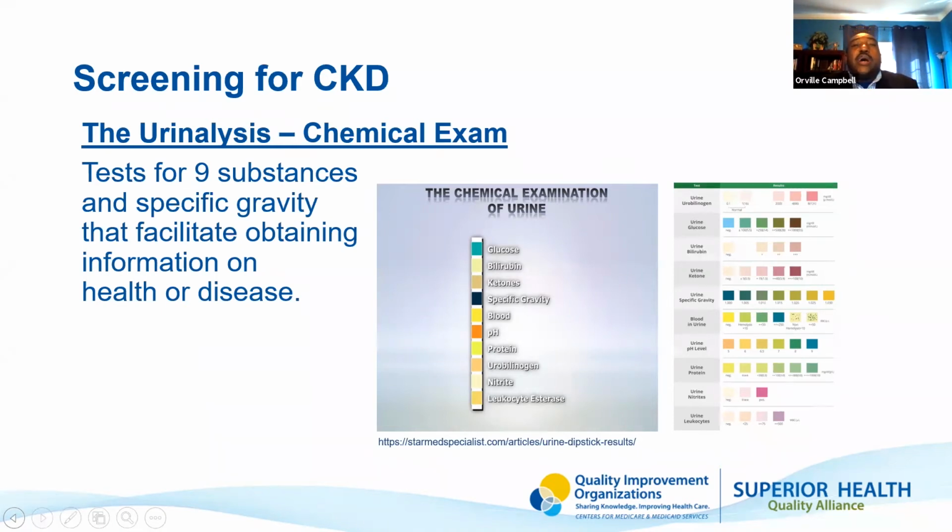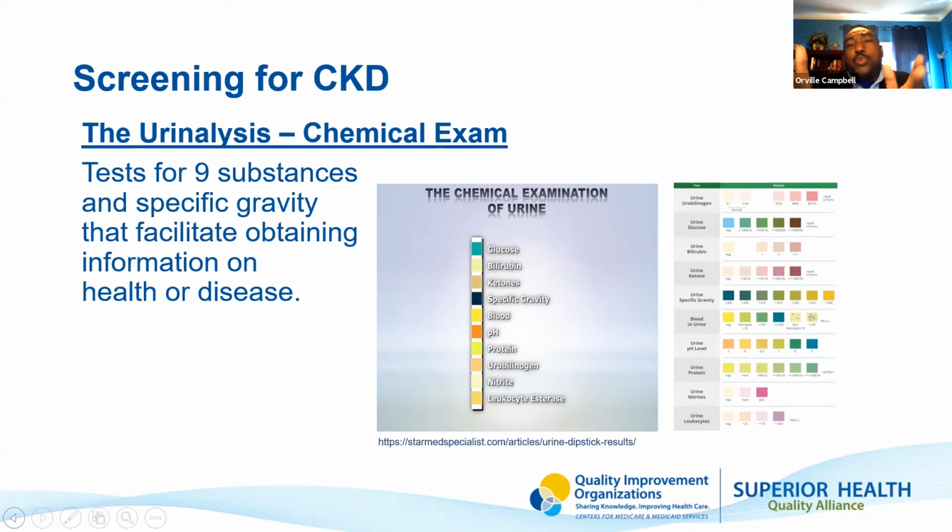Ketones, of course, could be a key to diabetic ketoacidosis. Specific gravity gives an indication of the concentration of the urine. pH can give you some great indication of what's going on in certain poisonings or metabolic states. Protein is very common in chronic kidney damage, and nitrite and leukocyte esterase can give you some indication about bacterial activity in the urine and infection.